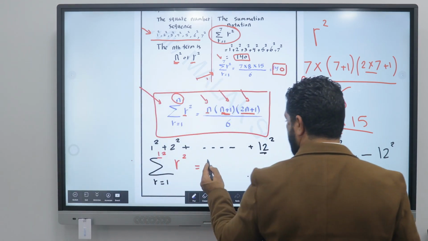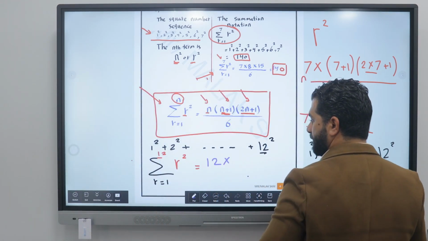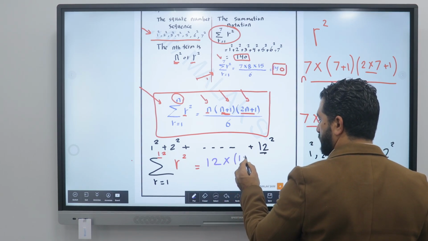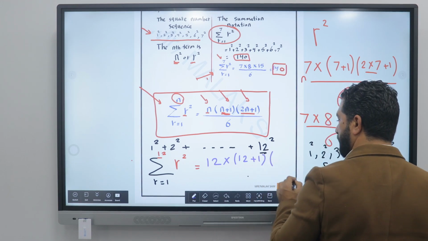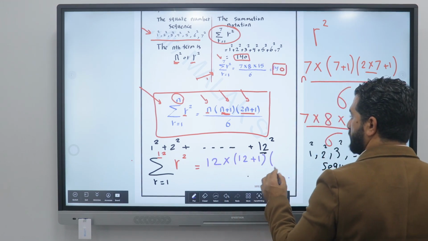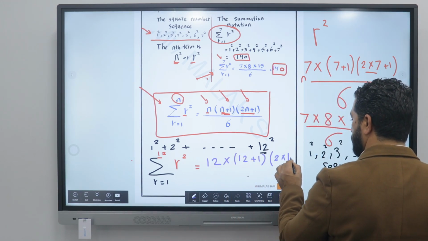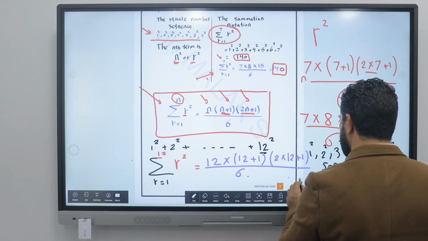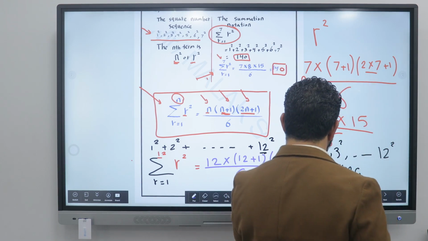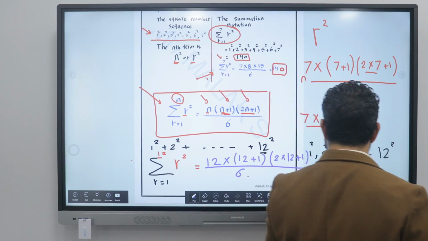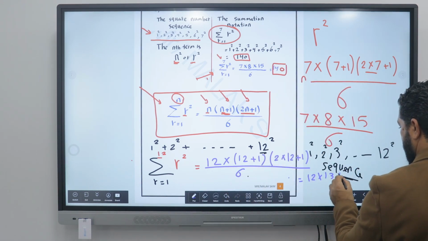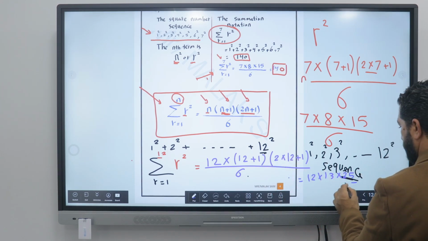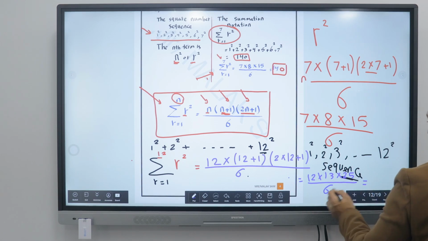It's 12, multiplied by 12 plus 1, which is 13, multiplied by 2n plus 1, it's 2 times 12 plus 1, all divided by 6. So it's 12 multiplied by 13 multiplied by 2 times 12, 24 plus 1, 25, all divided by 6. Do it by using the calculator.